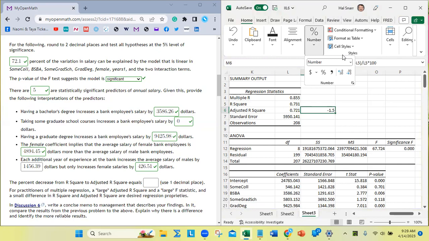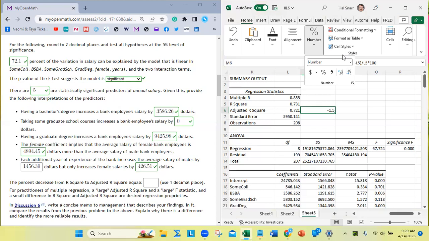Like, for example, if I added polar temperatures, if I added temperature readings in Antarctica and the Arctic Circle to this regression, I could boost my R square, but my adjusted R square would be a lot lower than it. So if you just add a bunch of variables to a regression that may or may not be valid predictors of what you're trying to predict, in this case, salary, you can inflate the R square.